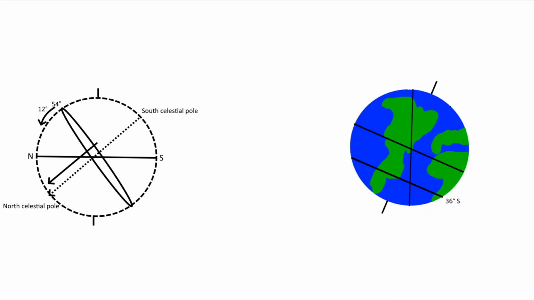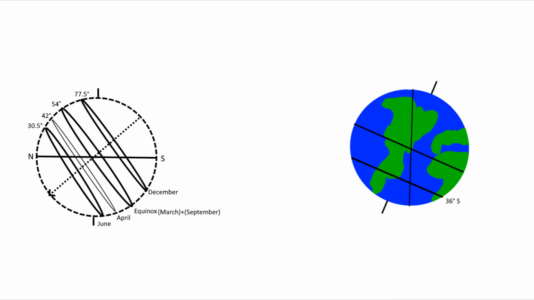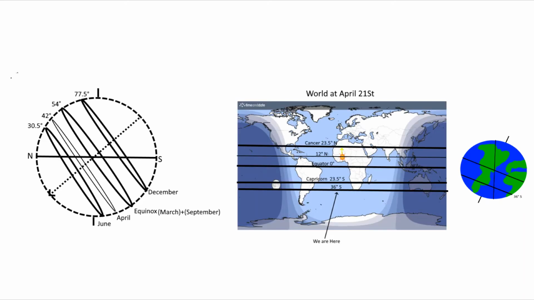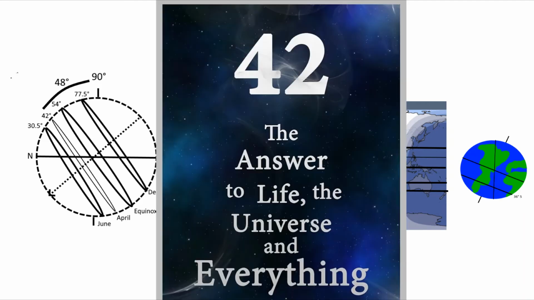The sun's altitude is 42 degrees looking north. This makes complete sense, as I'm 48 degrees south of the subsolar point, which is at 12 degrees north. Subtract 48 from 90. The answer to the question and everything, of course, is 42.